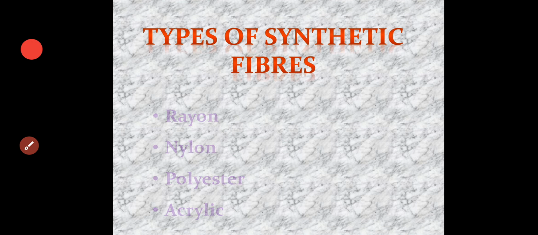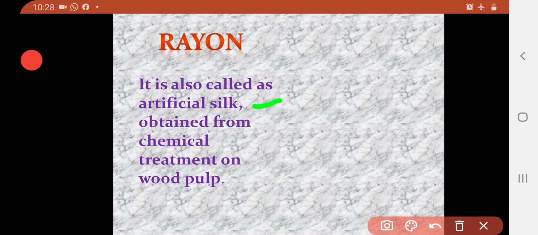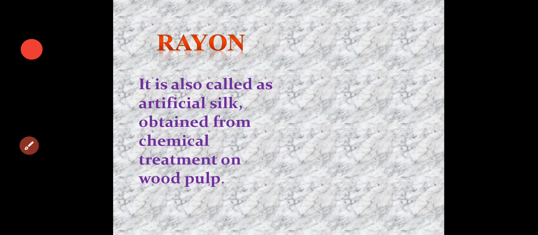First we are going to study about rayon. Rayon is also called artificial silk. Silk we are already familiar with. Silk is an animal fiber and it is a natural fiber, and rayon is called artificial silk because it is obtained from chemical treatment of wood pulp, and it looks like silk.